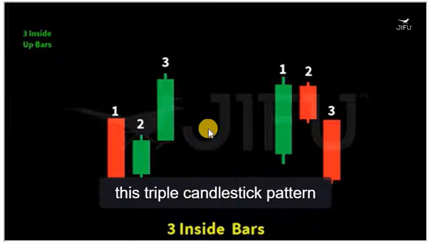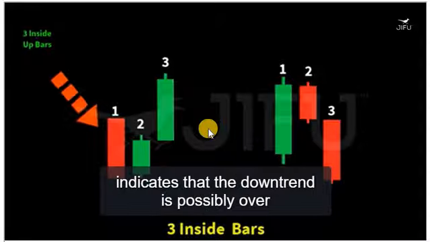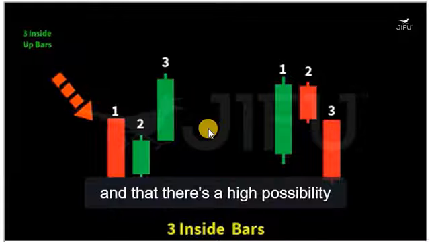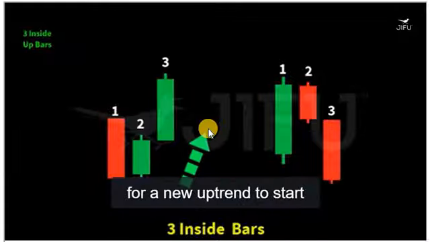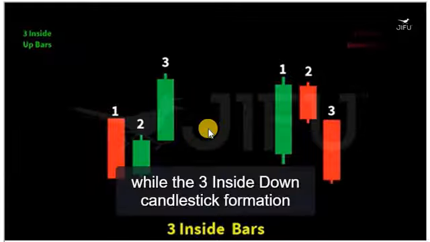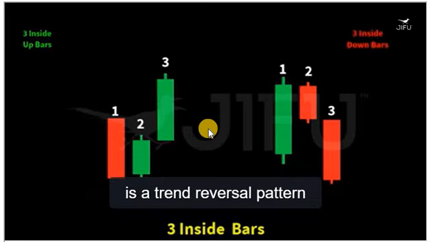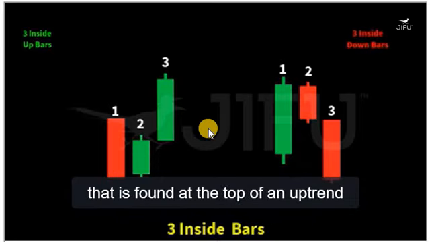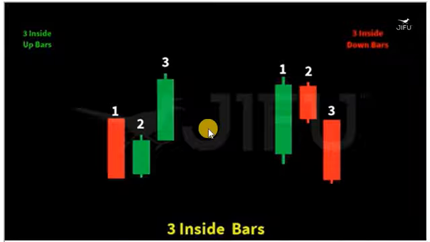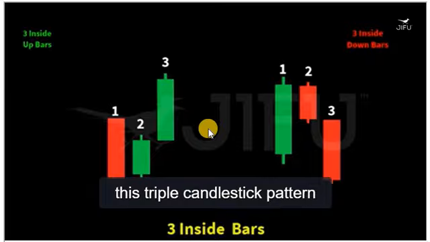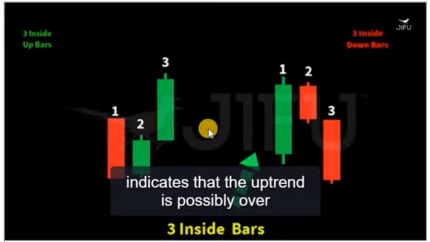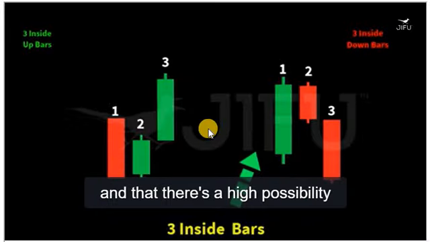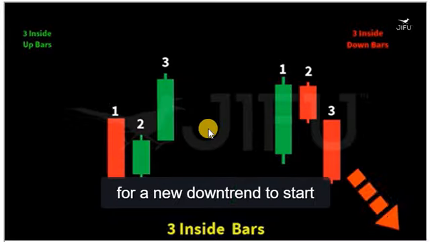This triple candlestick pattern indicates that the downtrend is possibly over and that there's a high possibility for a new uptrend to start. While the 3 inside down candlestick formation is a trend reversal pattern that is found at the top of an uptrend. This triple candlestick pattern indicates that the uptrend is possibly over and that there's a high possibility for a new downtrend to start.